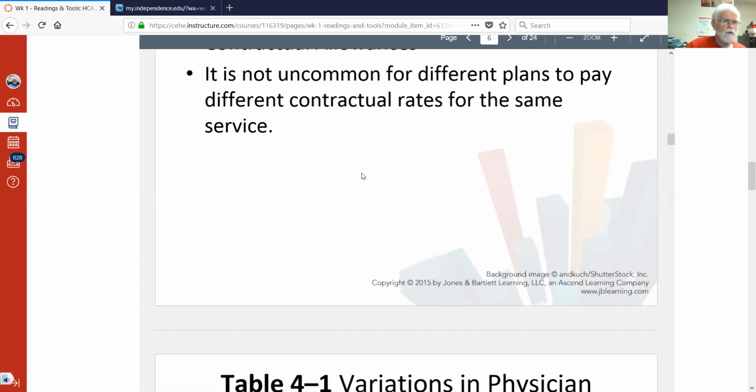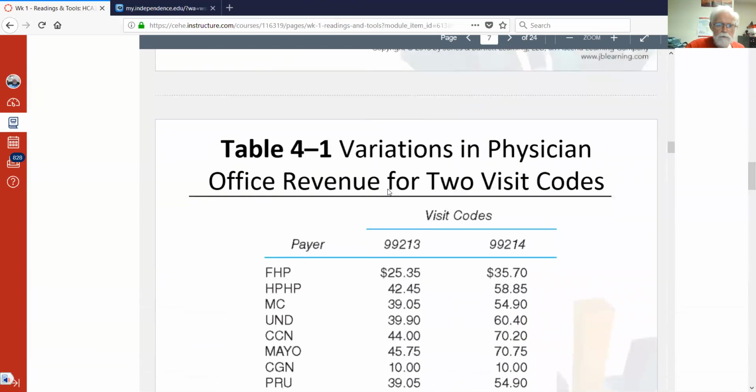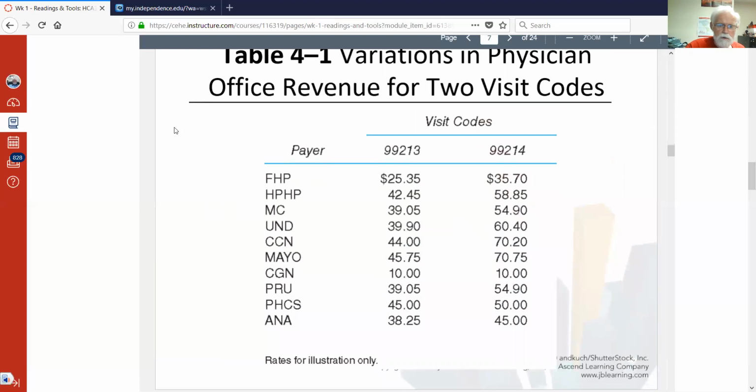So you need to have a system that recognizes that health plan A is going to pay $75 of that $300, but health plan B might pay $80. Variations in payment for these visit codes. Here's a couple of different payers, so look at the range here.